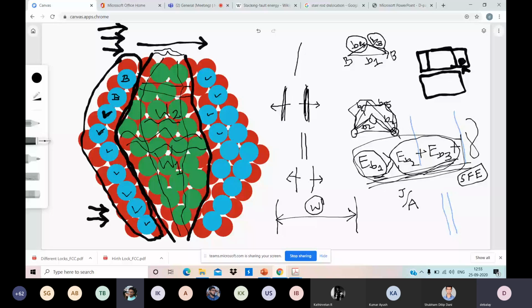A large stacking fault will be created. The total energy will increase, because the total fault region is increasing. So if gamma is the stacking fault energy per unit area in joule per area, then gamma times W represents the total energy of the stacking fault region.